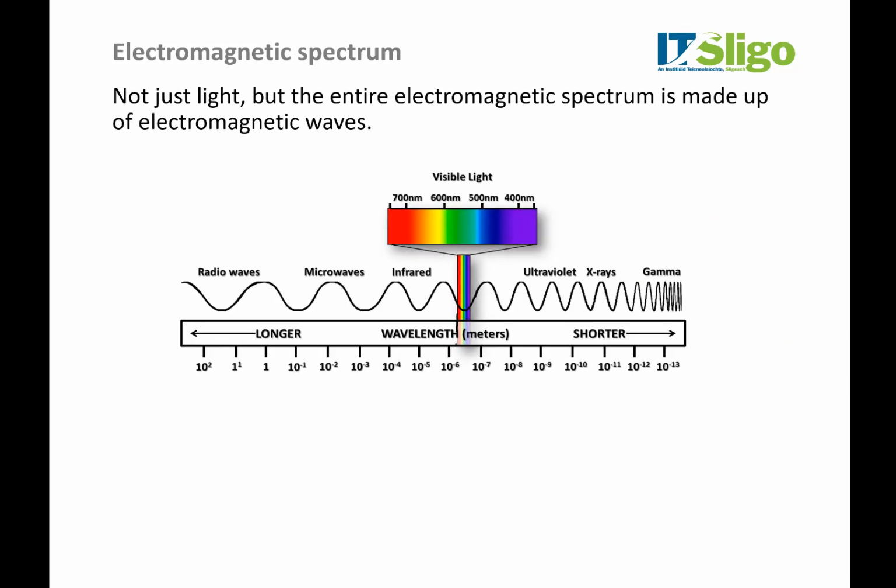The visible light only takes up a tiny part of this spectrum. And this is where, as the wavelength gets very short, we're into X-rays, gamma rays. And as the waves get very long, we're into radio waves and microwaves. So an awful lot of communication, sight, sound, are all governed by waveforms.